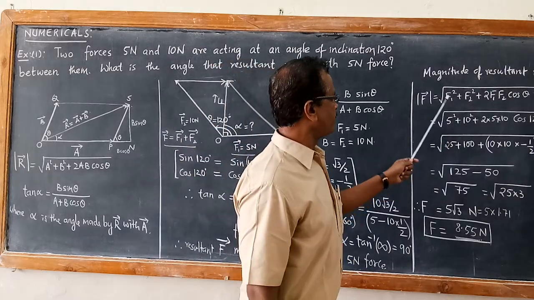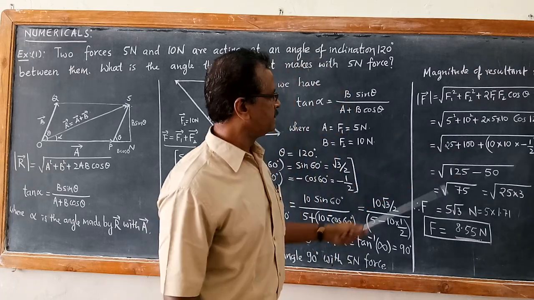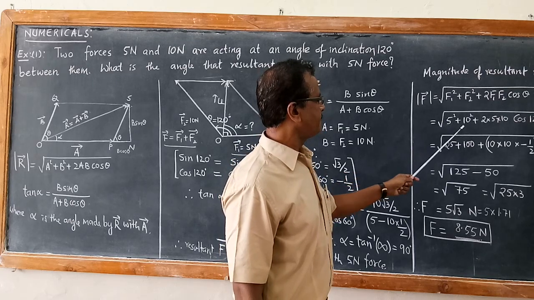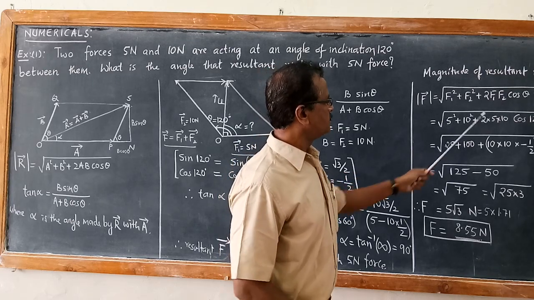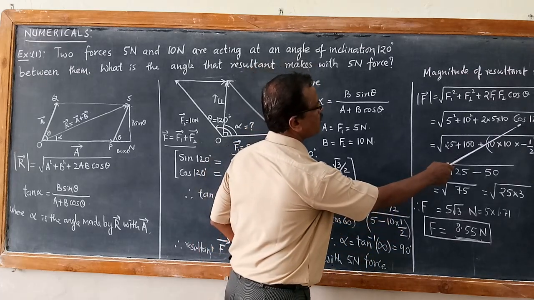Same equation which we derived yesterday. So substituting the values of F1, F2 and the angle theta of 120 degrees: F1 is 5, F2 is 10. So 5 square plus 10 square plus 2 into 5 into 10 into cos 120.